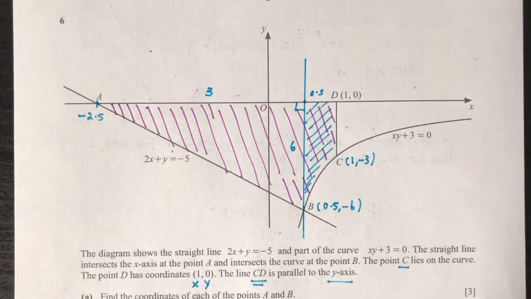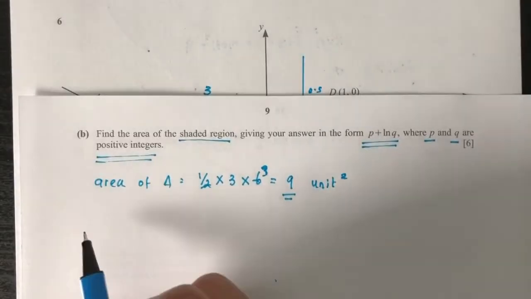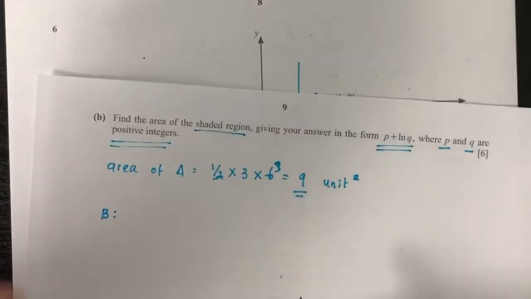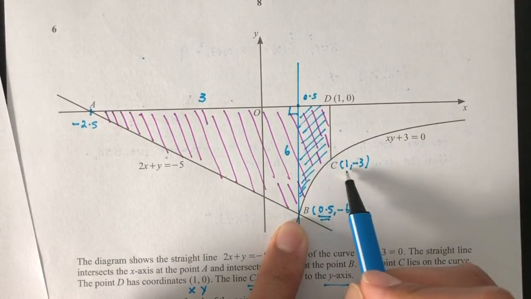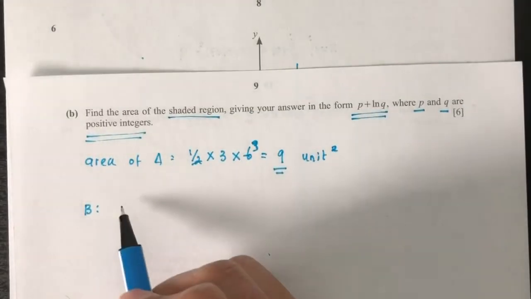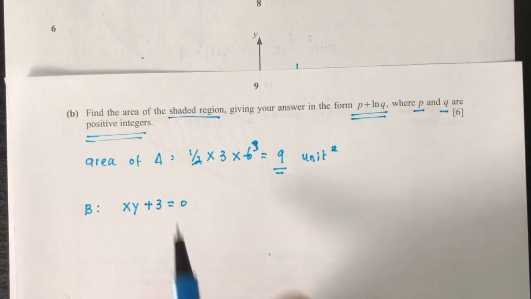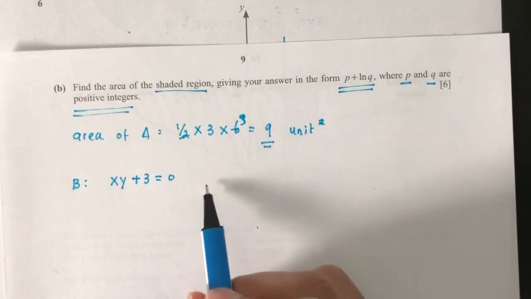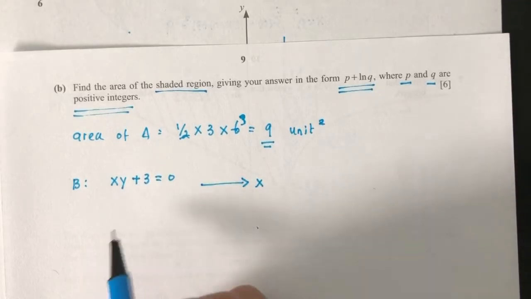As always, we can find the area by integration. Let's call this one the area of B. It will be the integration between the x values of this and this. The curve has the equation xy plus 3 equals 0. Since we're integrating along the x-axis, we have to make y the subject of the formula.